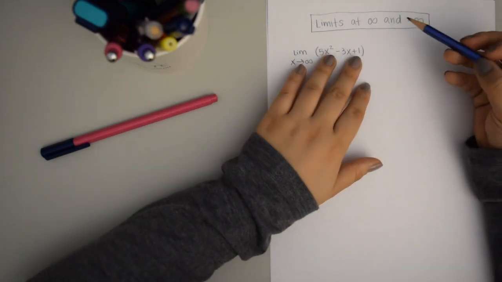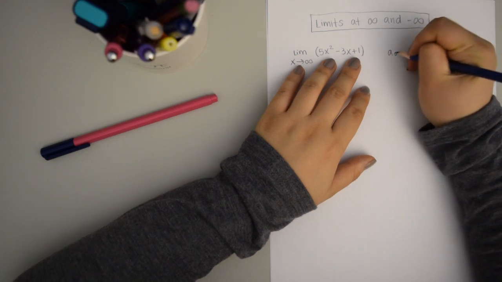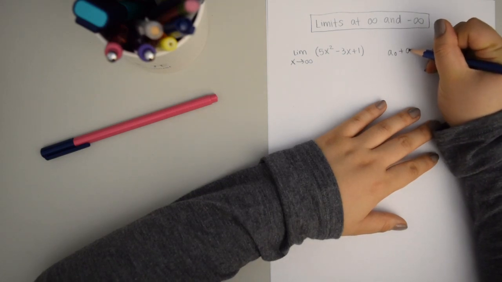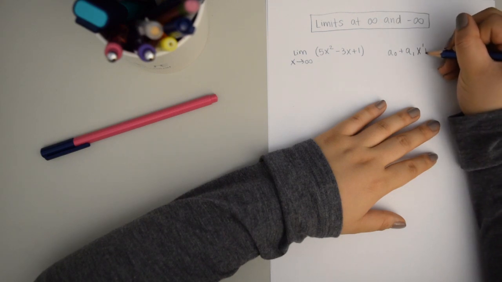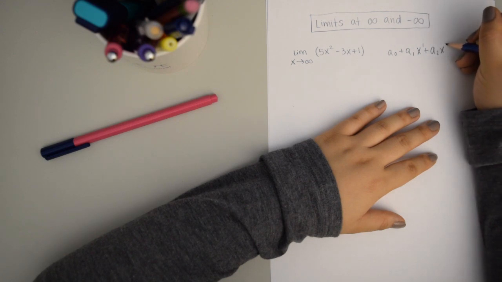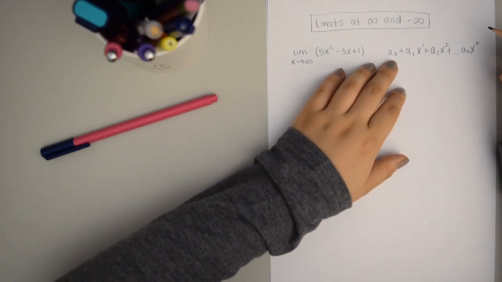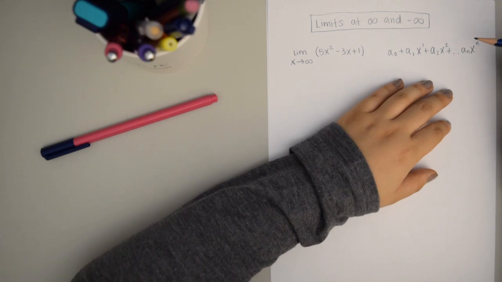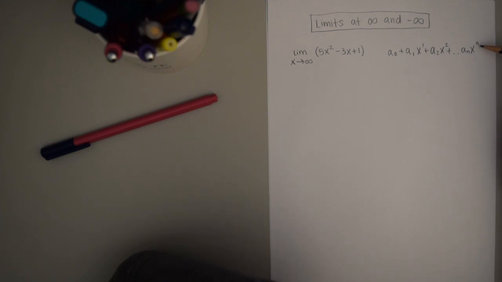So remember, we're talking about polynomials, which have this form. You might have seen it backwards, but in general we're just talking about a bunch of coefficients with x raised to powers. So x to the 1 is x, x squared, up to a n x to the n, a bunch of coefficients times x to the power of a whole number, as long as n is greater than or equal to 0.